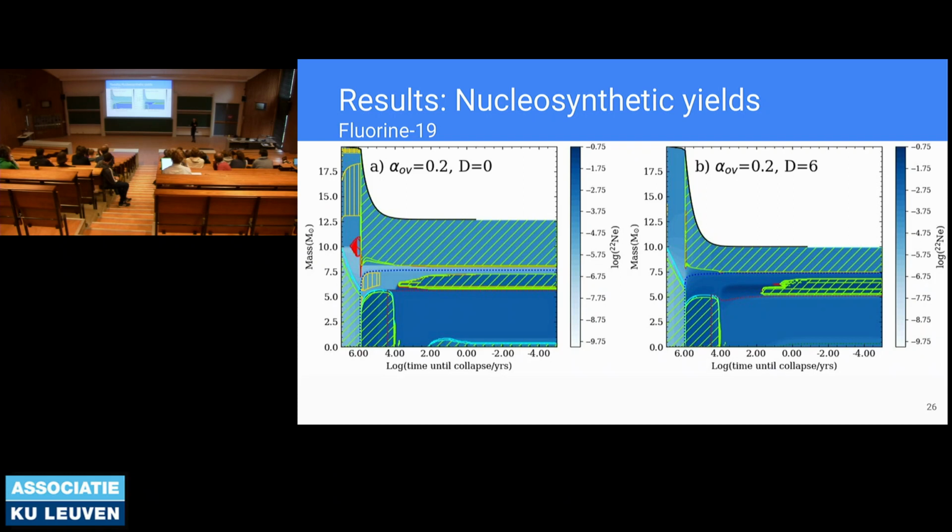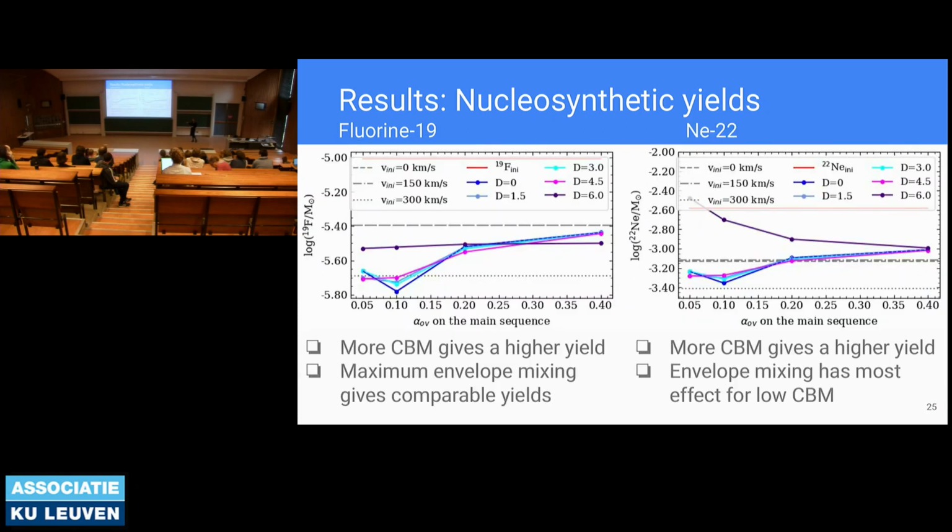This is where all kinds of different effects start to communicate with each other. Because this one is more significantly destroyed than this one, you get this counter effect. So it's a combination between where and when it is produced and the duration of the different burning cycles. Yeah, thank you.